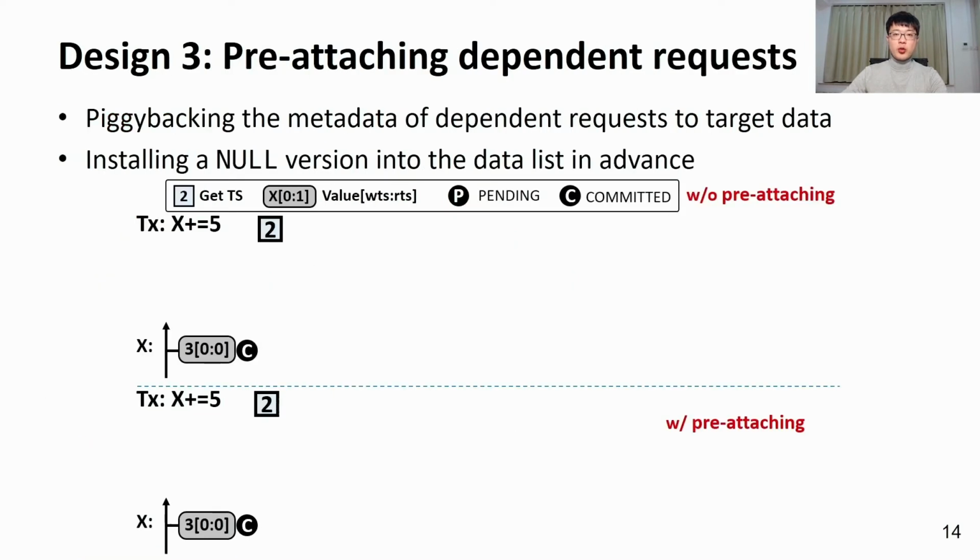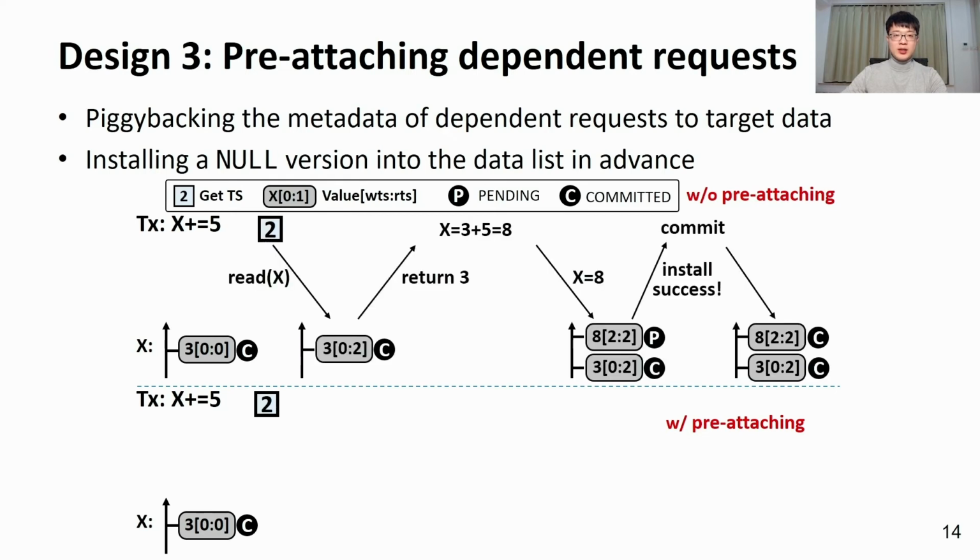Now, for dependent requests. In existing TO systems, a read-modify-write operation requires three network communications: a read, a write, and a commit. It leaves a vulnerable interval from read's finish to write's execution. Other requests which arrive during the vulnerable interval could make the write fail. To avoid this, Aurogon piggybacks the write's existence with the read to target data in the first communication.